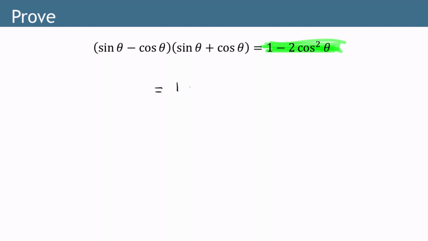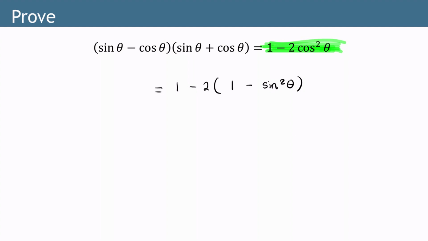So this is 1 minus 2 times cosine squared, but cosine squared could be rewritten as 1 minus sine squared, going back to sine squared plus cosine squared equals 1.